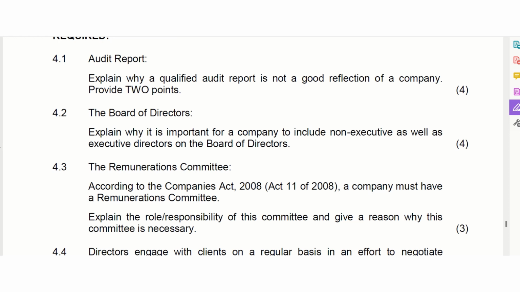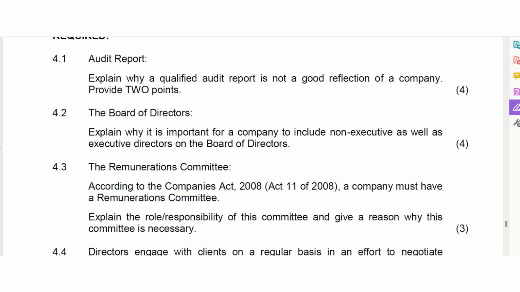Alternatively, that the internal controls that were assessed while doing the audit were insufficient. And what happens is a qualified audit report will discourage new shareholders from buying the shares and may even encourage existing shareholders to sell the shares, which will drop the share price as a result of the bad reputation now attached to the company. So all of those are potential answers that you could provide for 4.1.